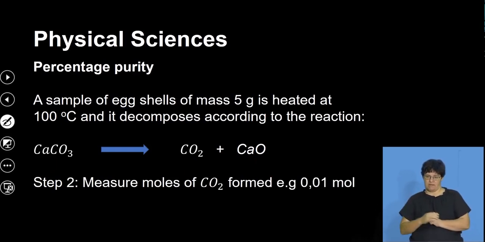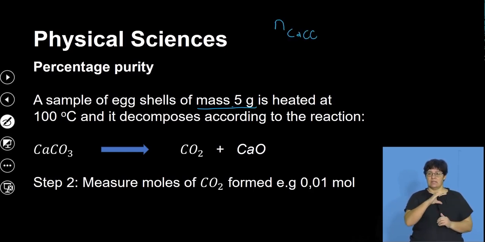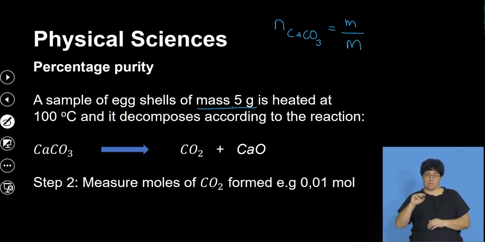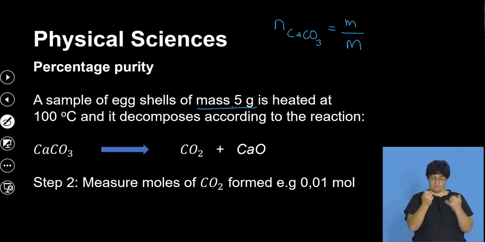If the equation is balanced, then we measure the moles of carbon dioxide formed, okay? If 5 grams is heated, how many moles of calcium carbonate are there in the 5 gram sample? The number of moles of calcium carbonate equals the mass of the sample over the molar mass. So we determine the number of moles of calcium carbonate in the sample.